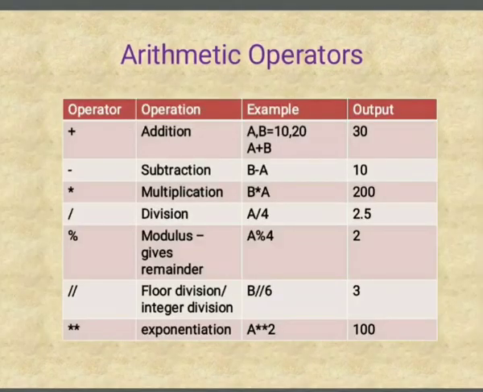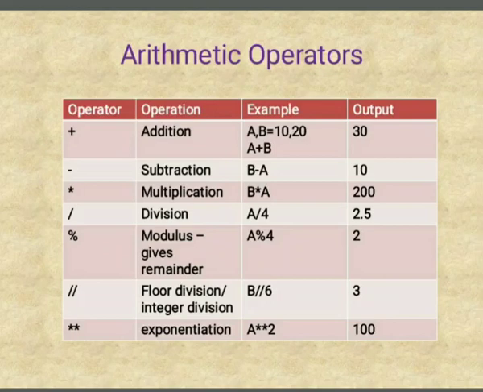Arithmetic operators. The purpose of arithmetic operators is to perform calculations. Here we have so many arithmetic operators. Let us begin with plus. Plus is for addition. It is used to add two numbers.